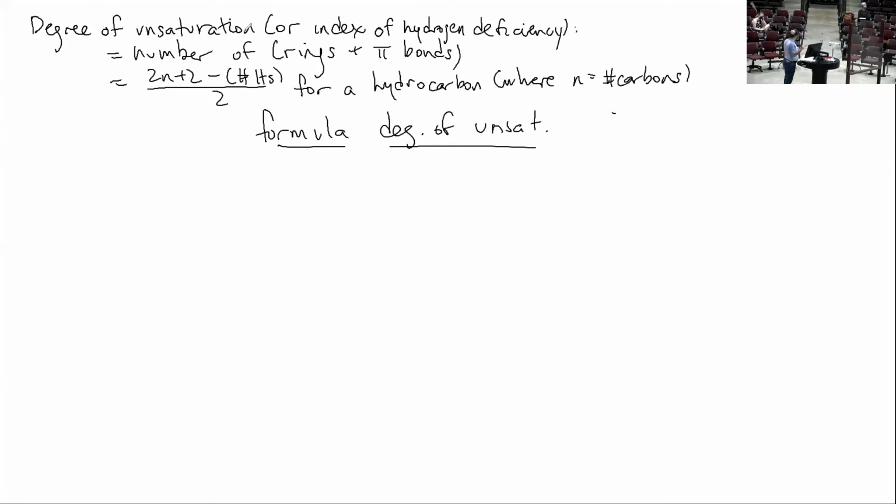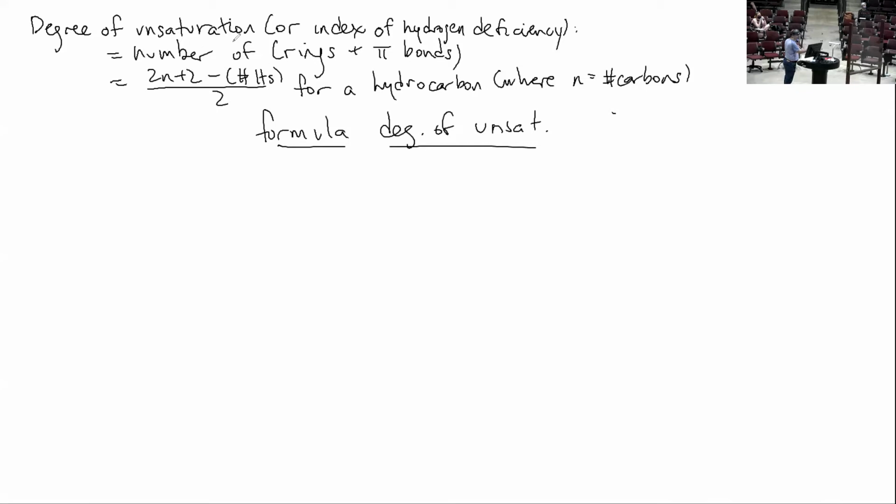It tells you the possibilities for your structure, and it limits your field for your structure. Only certain structures are possible. This is not the only correct way, but this is a formula for a hydrocarbon. So you have a compound with only carbon and hydrogen. This formula, where N is the number of carbons in the molecule, will give you the degree of unsaturation.